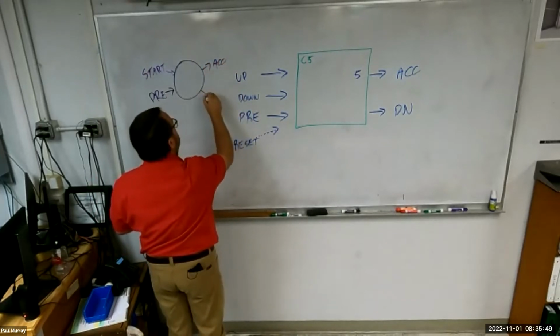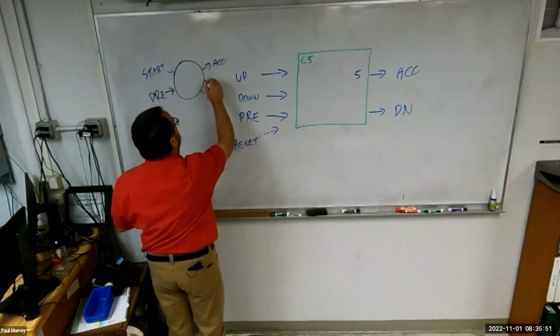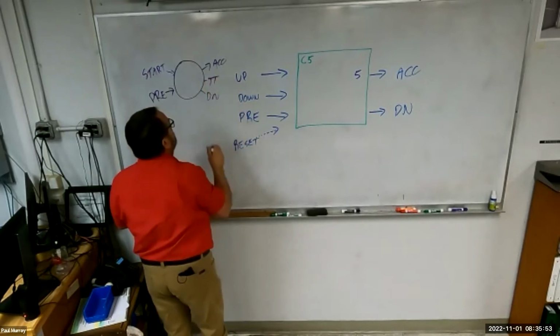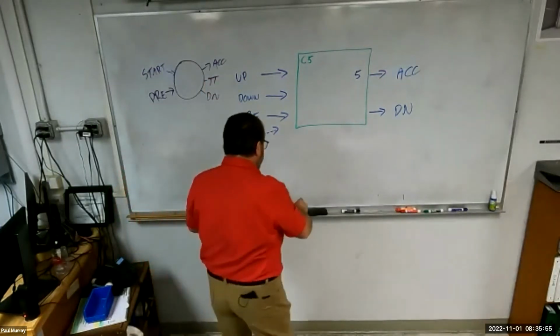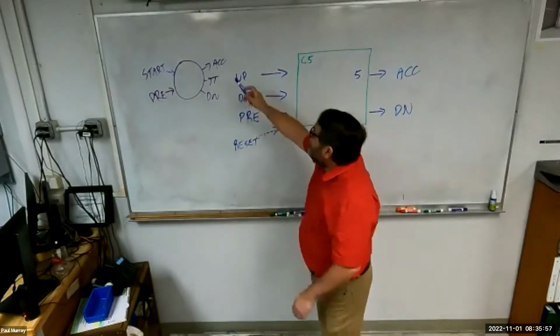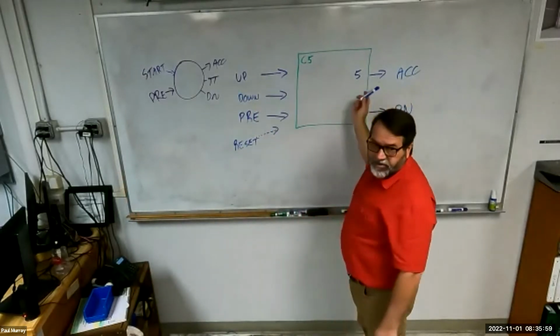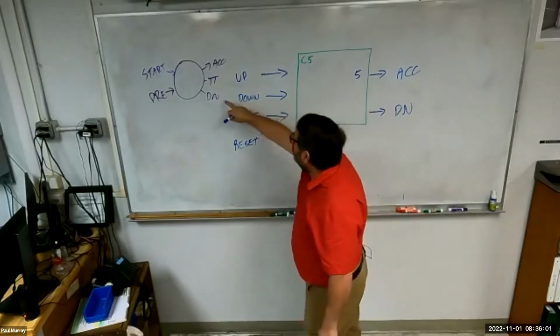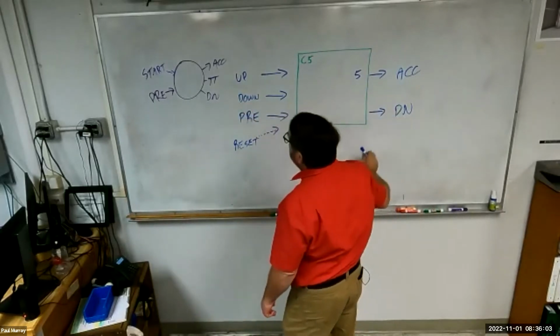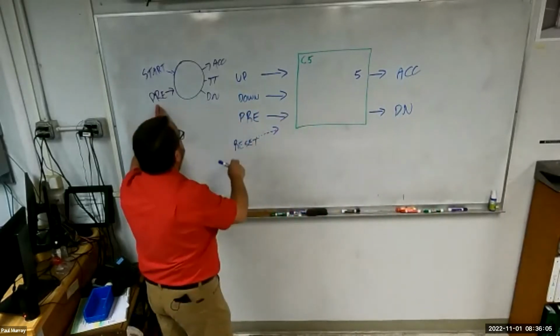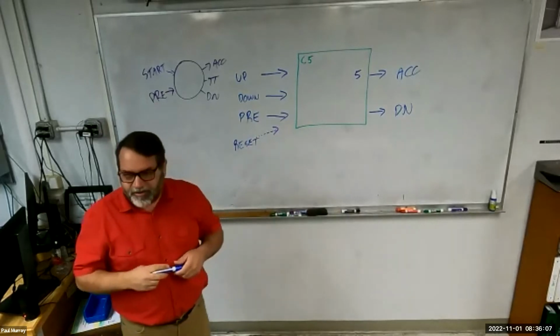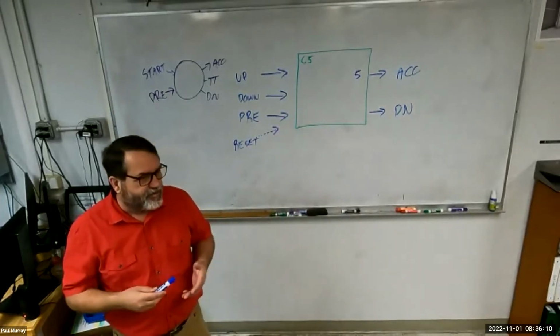They tell us a done. And they tell us a timer timing. So they both got accumulated values. They both got done bits. They both have presets.